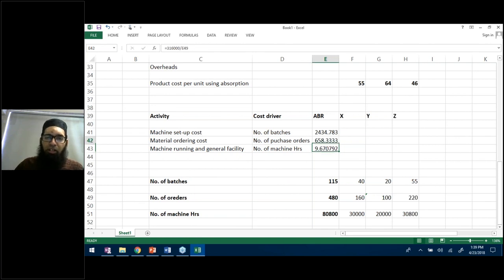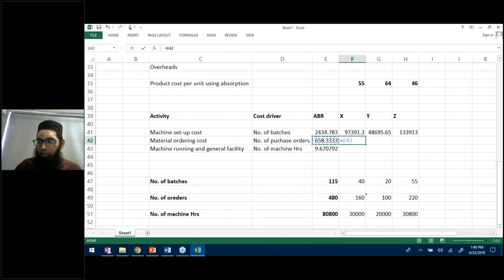Now what I do, I will simply charge each activity base rate into the product. So first of all, let's do it for the machine setup. It will be ABR of machine setup multiplied by the number of batches. For product Y, it will be ABR multiplied by number of batches of product Y. And for product Z, it will be ABR multiplied by the number of batches of product Z. Similarly, I can do it for product X as well.